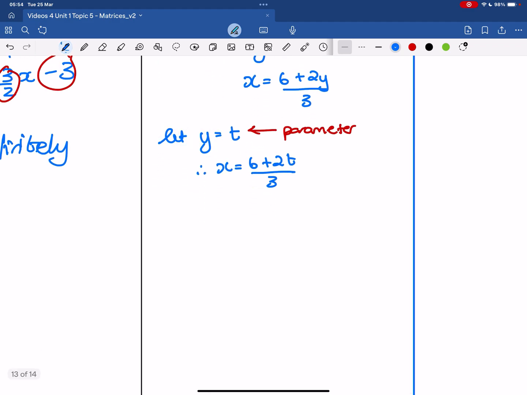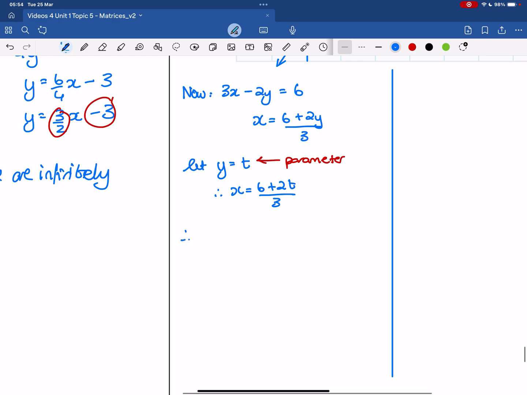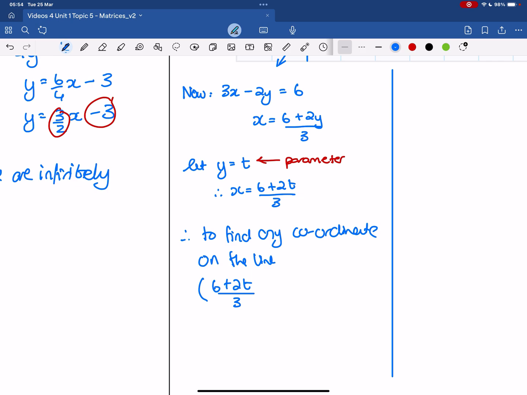And then to find any coordinate on the line, I'm going to have my x value, which is going to be 6 plus 2t over 3, which I can actually simplify further. And my y value will be t, where t is a real number.